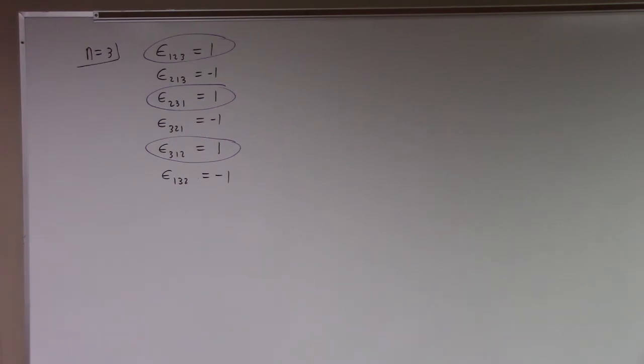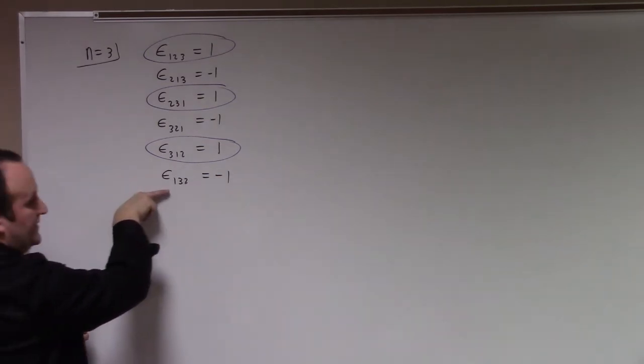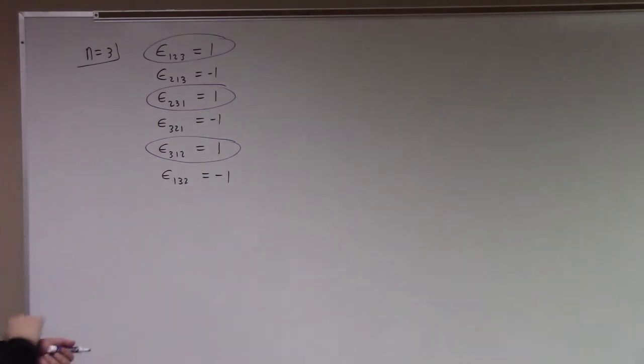So those are cyclic permutations of 1, 2, 3. And then the other 3 are the so-called anti-cyclic permutations of 1, 2, 3, namely 3, 2, 1, 2, 1, 3, and 1, 3, 2. You're counting down in these as you go across, with the understanding that going from 1 to 3 is counting down in the sense of looping. Anyway, that's what it works out to.